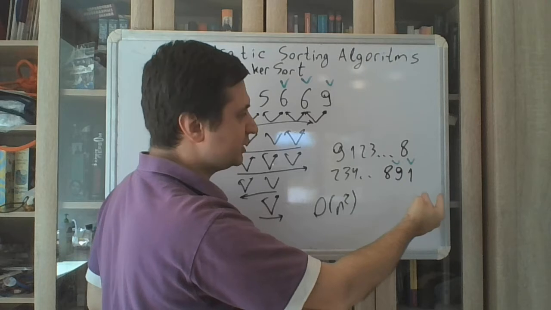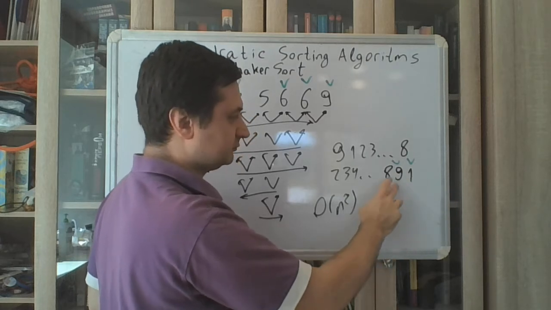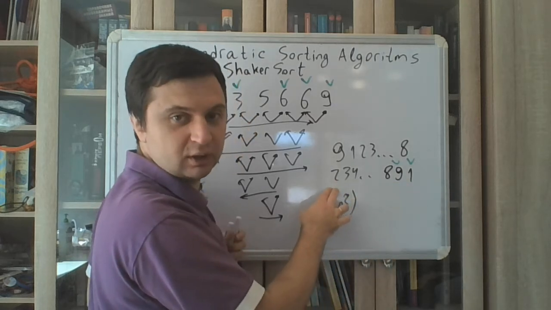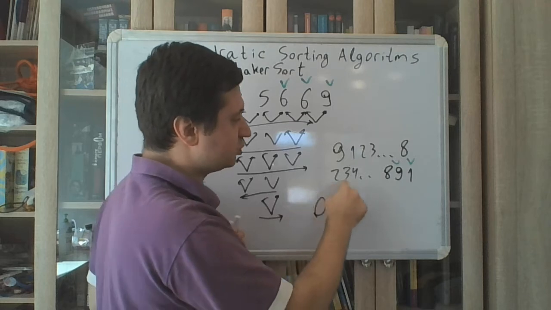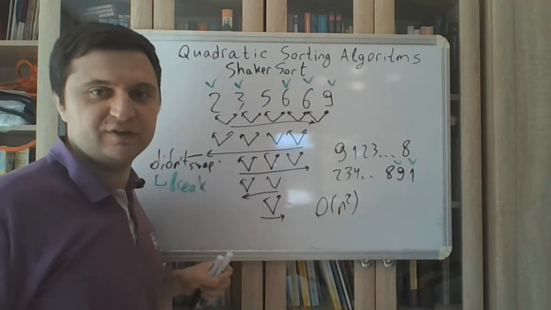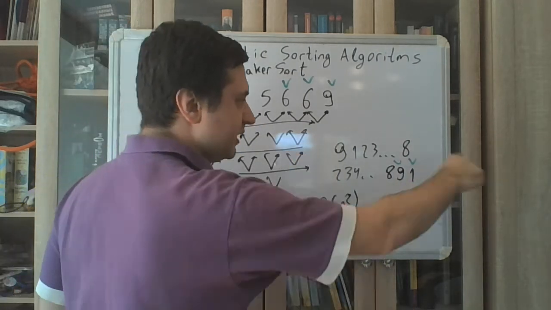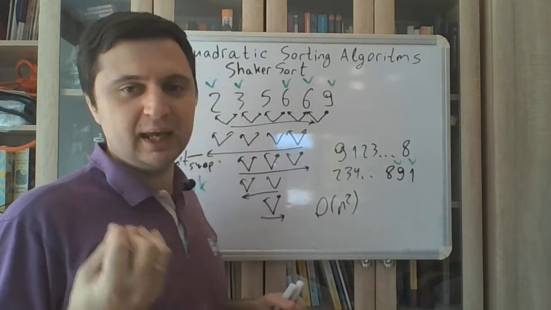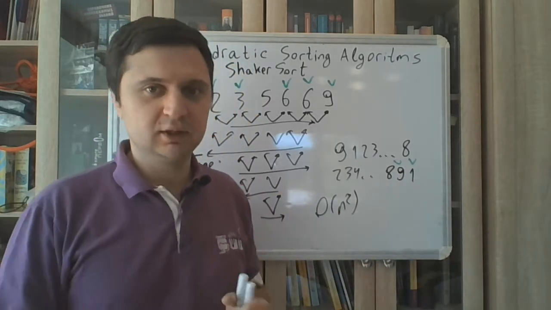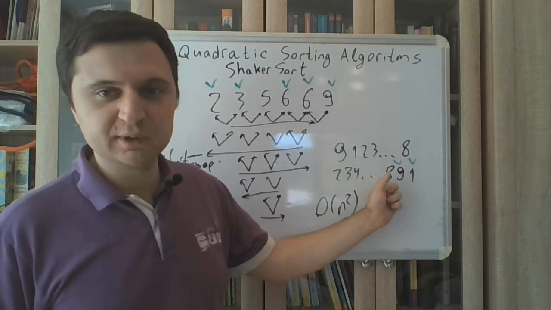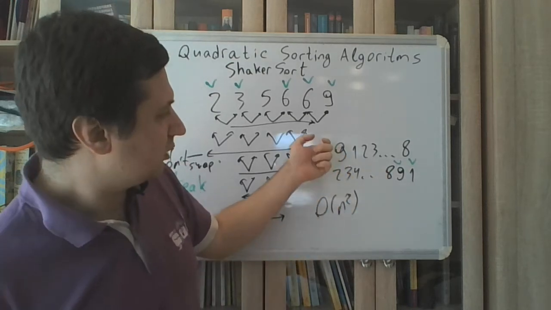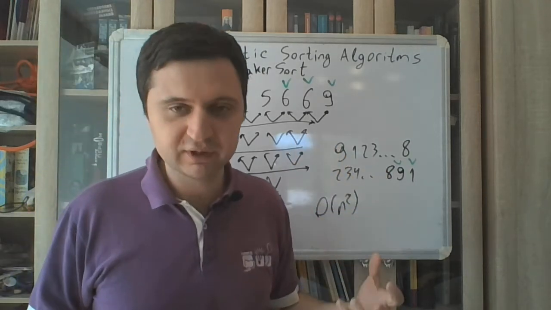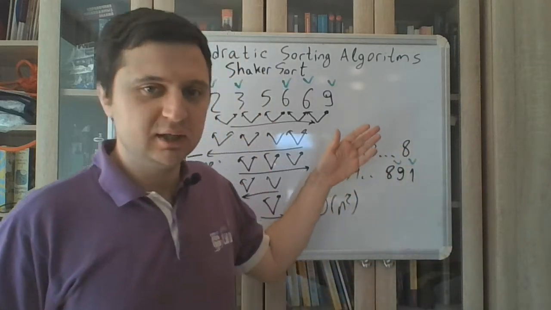Then we will go left to right and put the 1 into its correct position, and then we'll go right to left and make sure that everything is correct. So we'll go there, and 3n operations. So in linear time, we will sort this array as well. 2n over here, 3n over here. It's linear time in both cases.